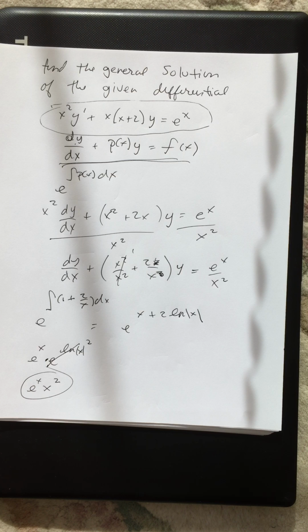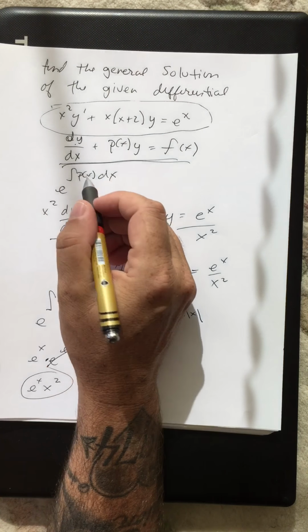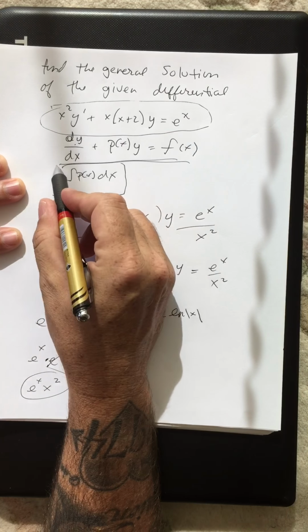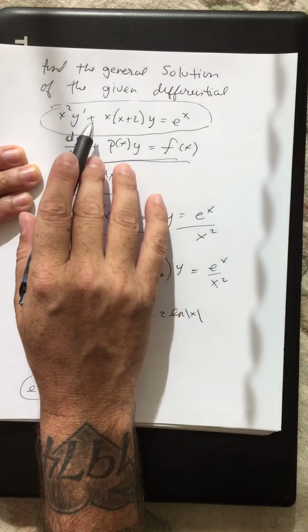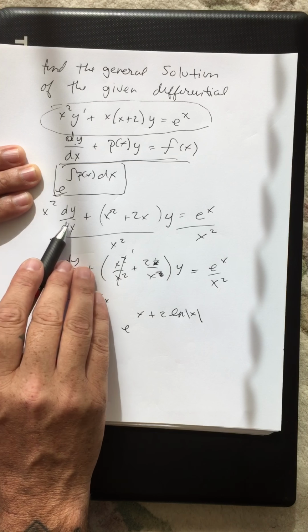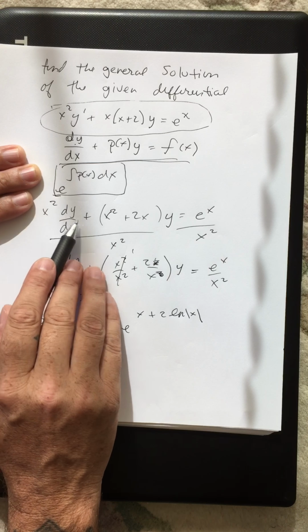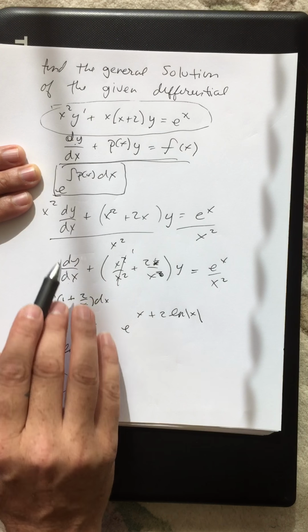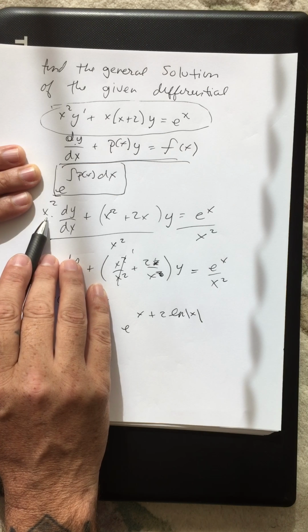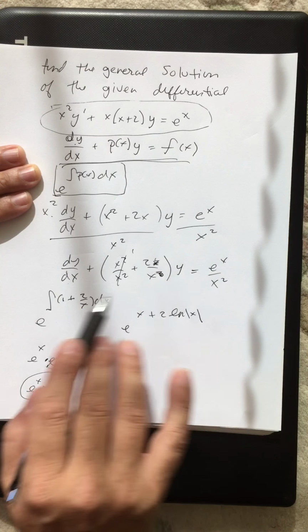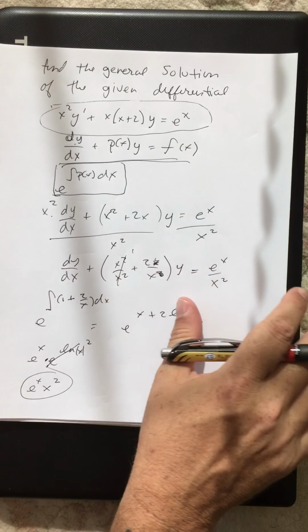That's this right here. We just found p of x, which is this. First thing you want to do is divide to make the coefficient of dy/dx 1. Here it's 1, here it's x squared. Divide it through by that, and I came up with this right here. I got the integrating factor.